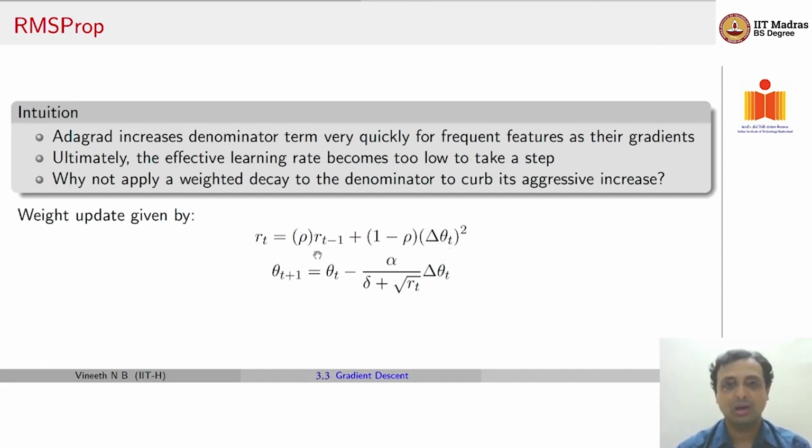So rho RT minus 1 plus 1 minus rho delta theta t whole square. This now ensures that because of the rho and 1 minus rho, the sum cannot keep exploding and is now controlled. Think about it for a while as to why, and you'll get why this will not allow you to explode. And now your theta t plus 1 in terms of theta t, this entire expression is exactly the same as Adagrad.